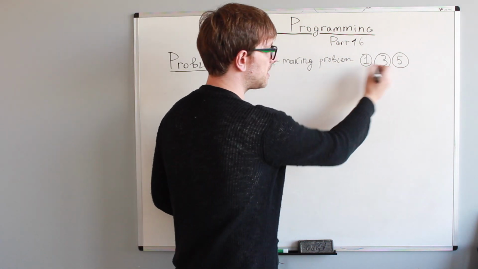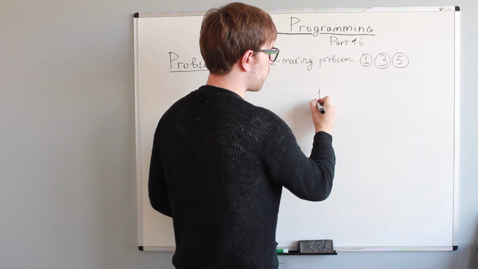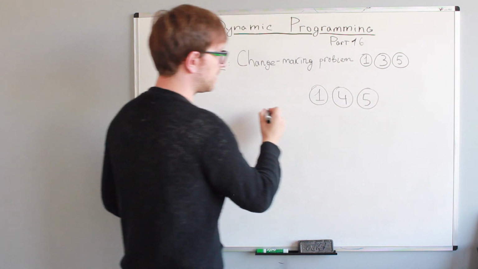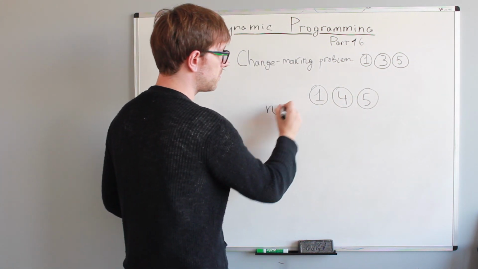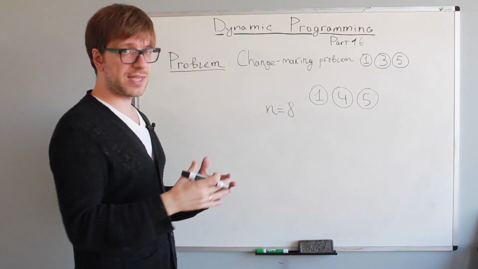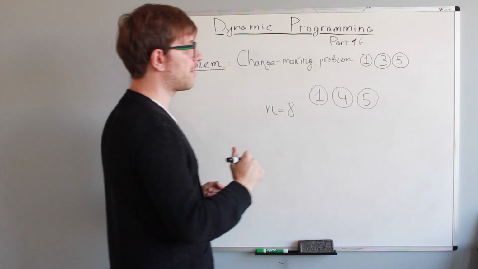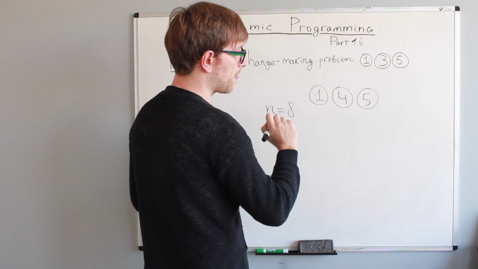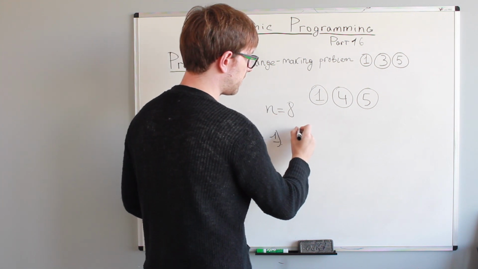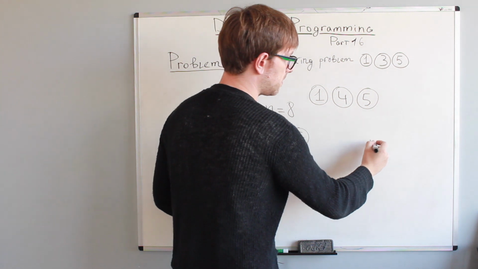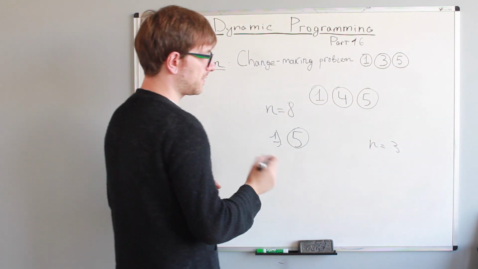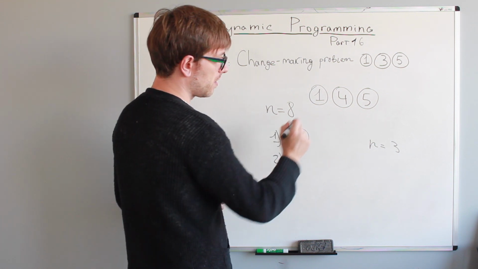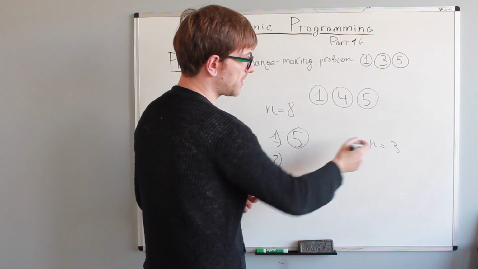Let's say the denominations that we have are 1, 4, and 5, and n equals 8. According to the greedy approach, when we take the highest denomination, the very first step would be to use 5 cents, so we return 5 cents, and in this case n equals 3. After that, we may want to try to return 4 cents, but we can't because n is 3.